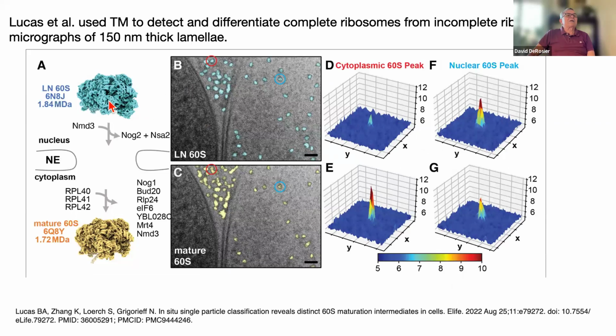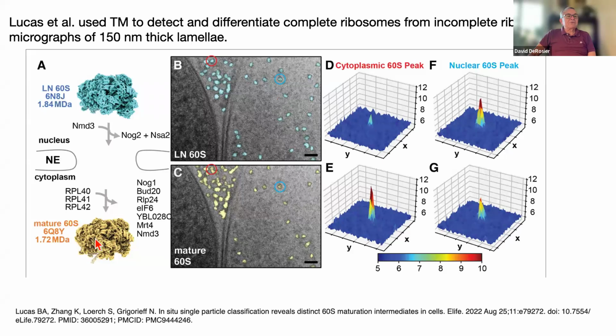If you use a template from the incomplete ribosome and do template matching here and here, the peak that you get in the match is very low if you're using an incomplete template in a region that has complete ribosomes. Whereas if you look at the matching of this to the particles inside, you get a much higher peak.